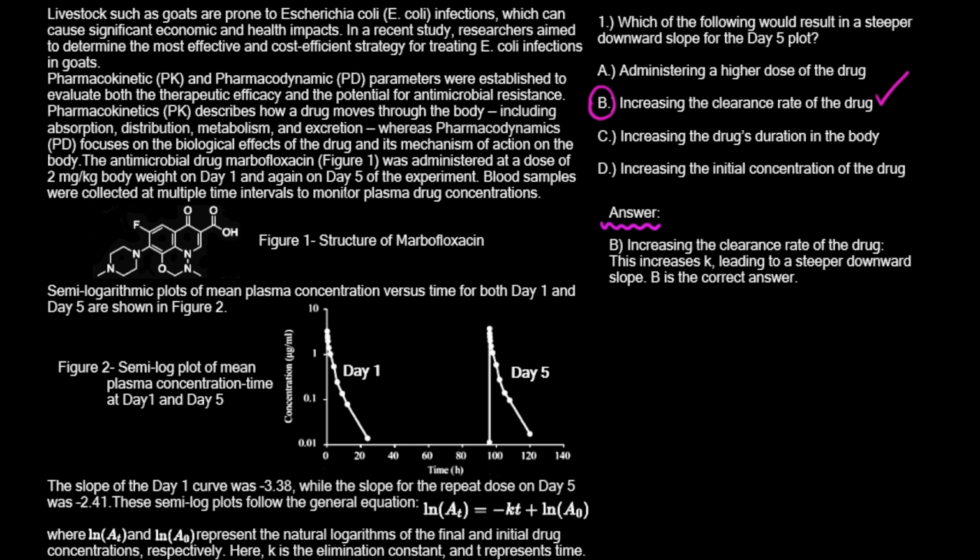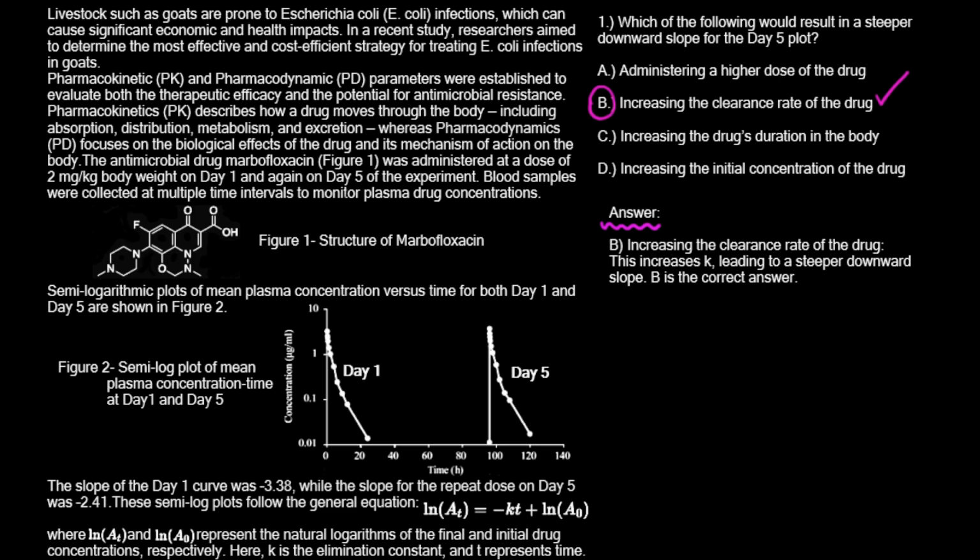The passage provides us with a linear equation for the semi-log plot, which should look familiar to you. We saw it earlier in this lesson. The slope of this graph is determined by the value of k, which as the passage tells us is the elimination constant.